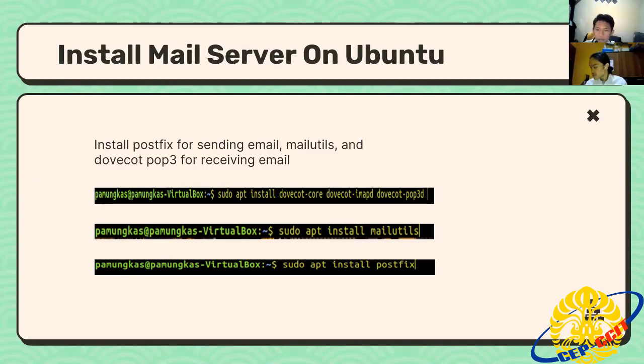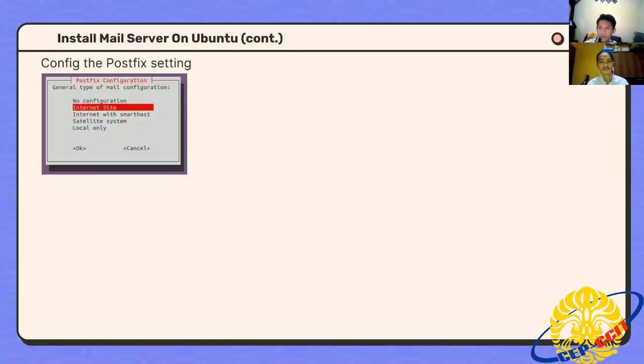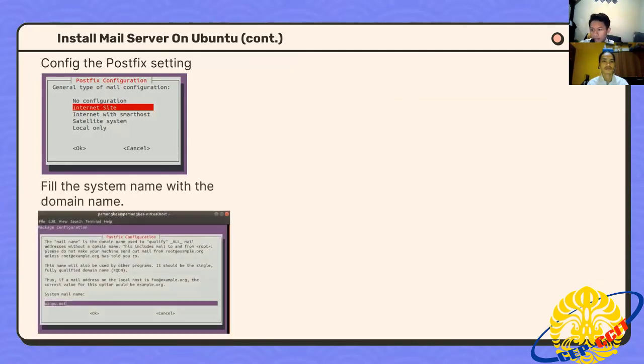Okay, to install the mail server, we first install Dovecot Core, Dovecot IMAP, and Dovecot POP3. After that, we install postfix and mailutils. After that, we configure the postfix settings using internet site, and we fill the domain with our domain name.